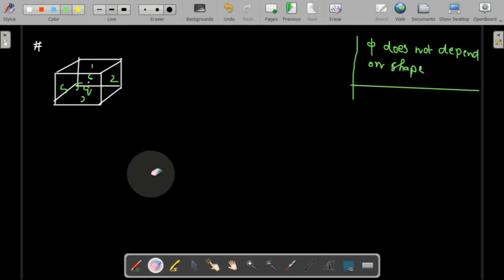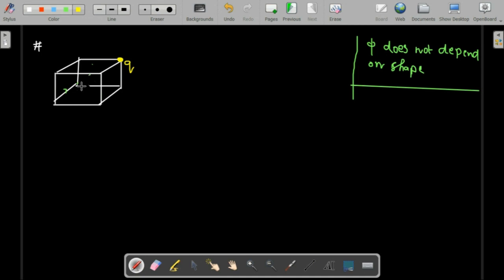I will make this a bit more complicated, and I will say that let's say this charge is not at the center. Let me rub this face numbers. Rather, this charge is placed somewhere here. Q is here.